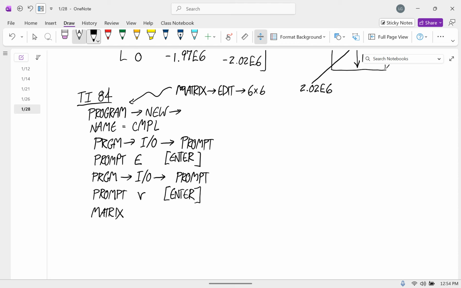Okay, so now what we have to do, it's the weirdest thing on these calculators. It'll put text in as we do it, but if you enter in the text this way, it won't accept it. So now I'm in the programming environment, and I'm going to go to matrix and scroll down to whatever matrix I put the compliance matrix in.